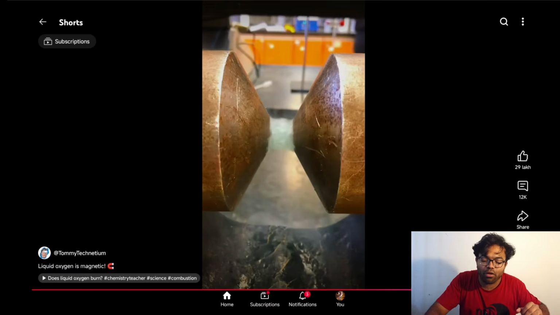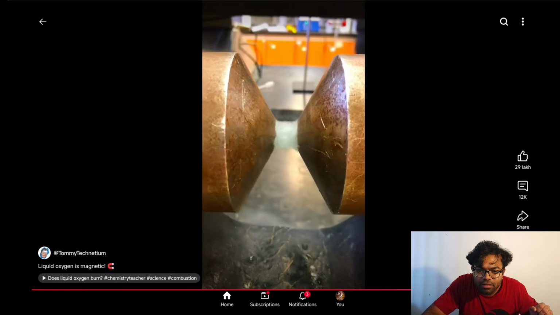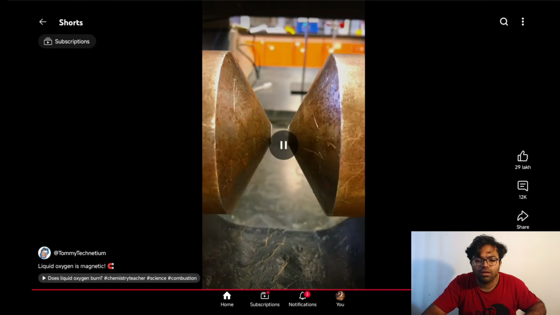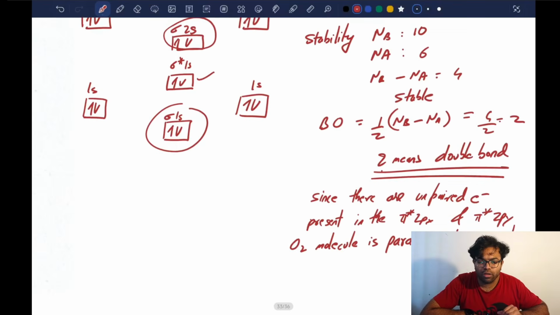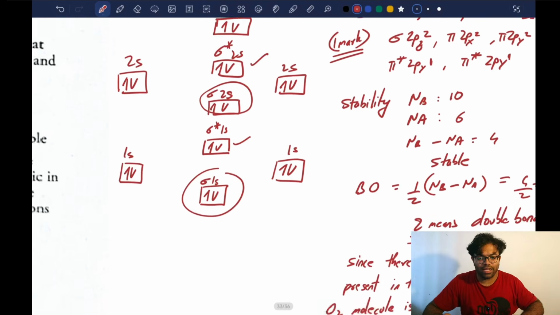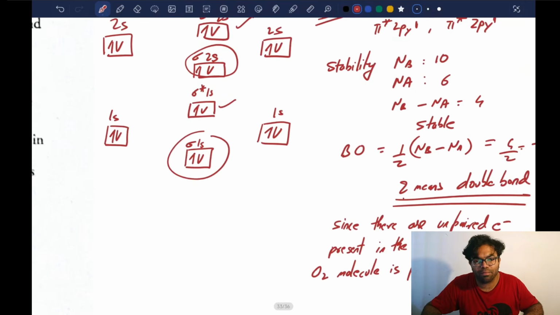Thus, they get stuck between the poles of a magnet. It's beautiful, right? So the O2 molecule, because of the unpaired electrons in the pi star 2px and pi star 2py molecular orbitals, is influenced by the magnetic field. Is this clear, Drupad? You got a visual understanding of how paramagnetism and diamagnetism behave, right?